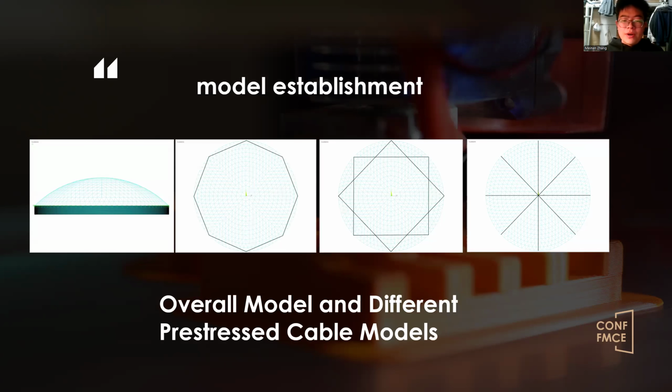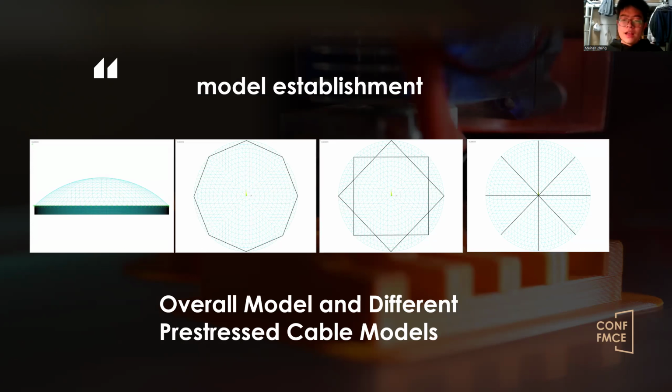This paper combines prestressed cables with lattice shell structures and applies them to tank roofs and conducts static and stability analysis on them, so as to provide new ideas for the structural design of large span lattice shell tank roofs.